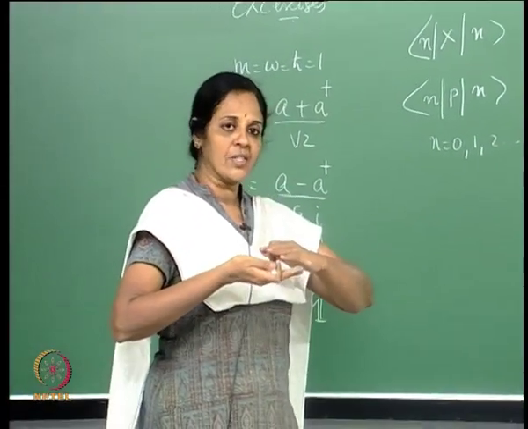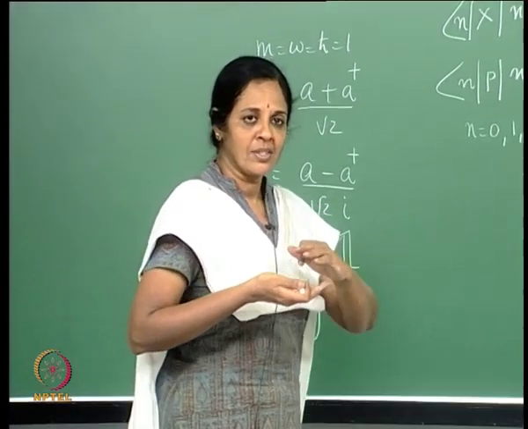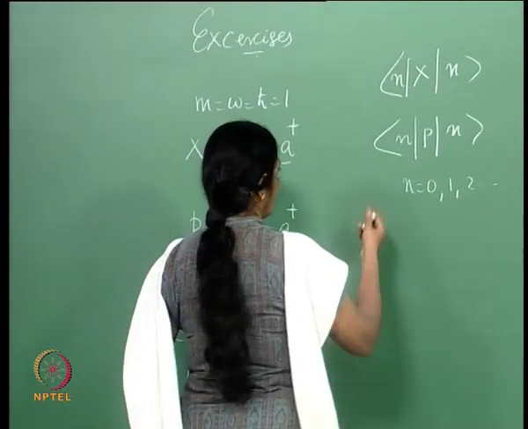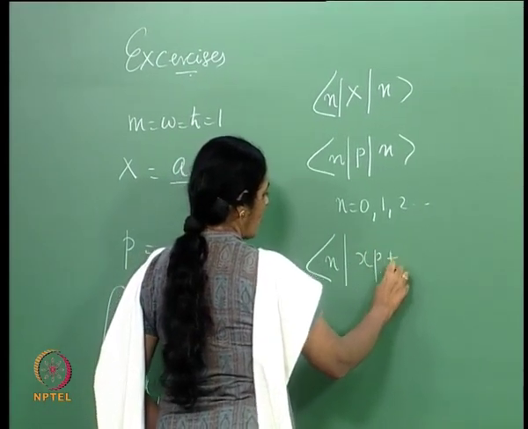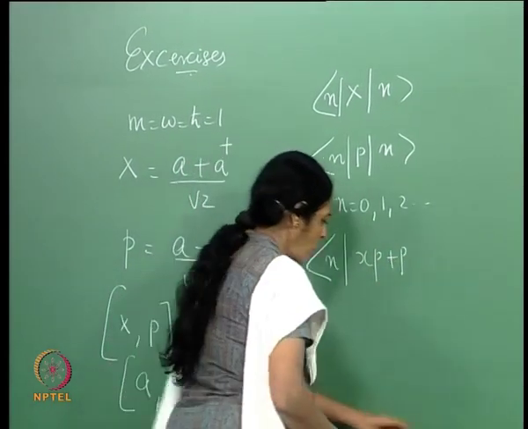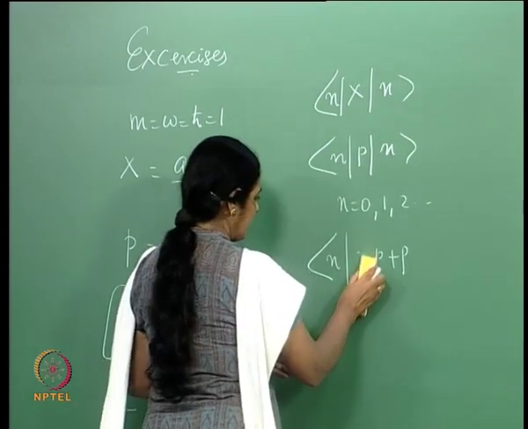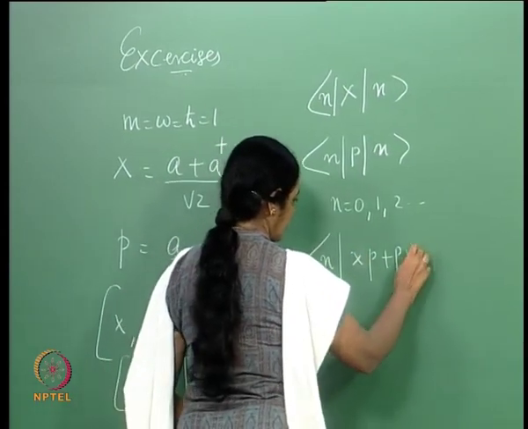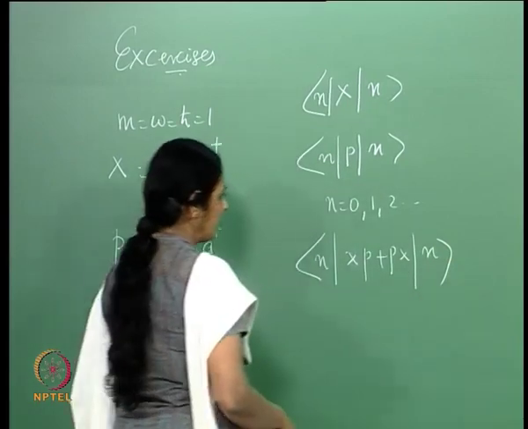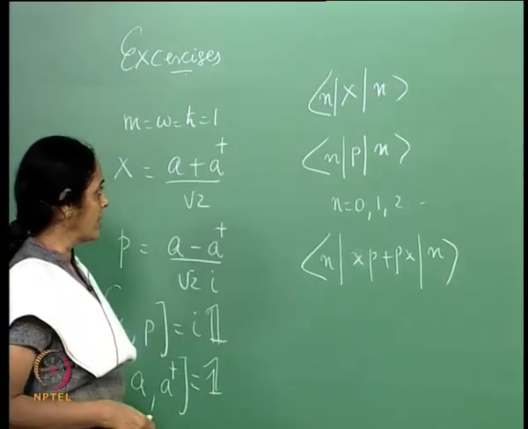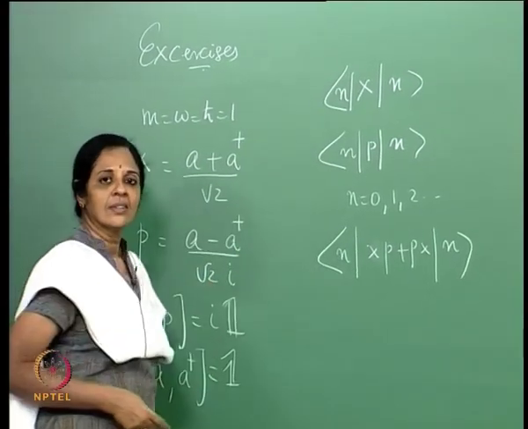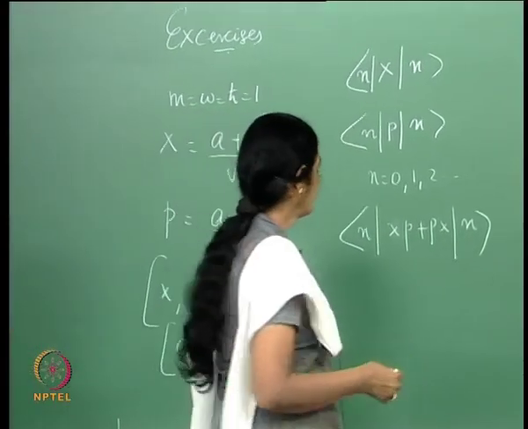Then we can build up the excited states from the ground state. We also want to know what is the expectation value of xp plus px in the state n. So that would be the first problem that I will attempt. I wish to calculate these three objects.